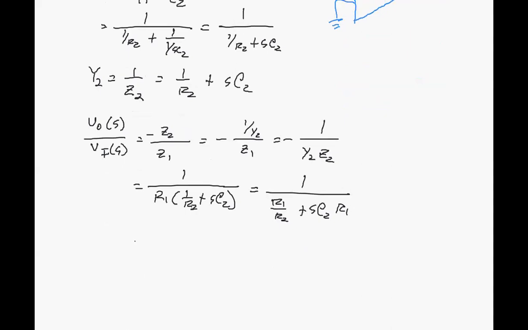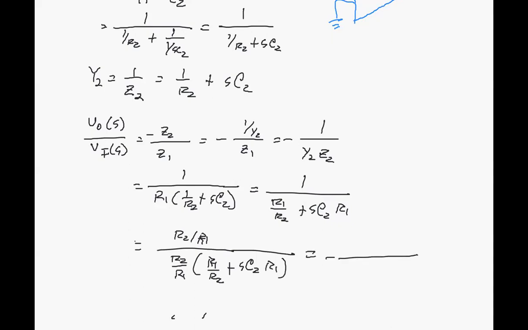And if we multiply through by R2 over R1 on top and bottom, we've got R2 over R1 times R1 over R2 plus SC2 R1, and that equals minus R2 over R1 over 1 plus SC2 R2.